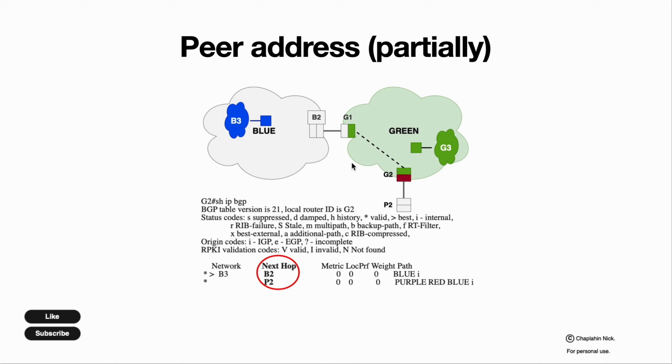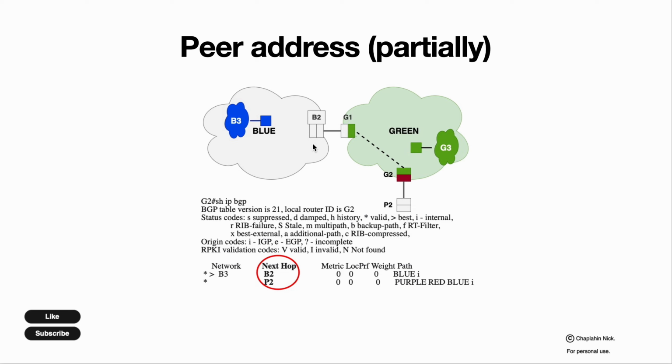Partially. Why partially? Again, as you remember, router ID, speaker ID, BGP ID, whatever, this is the highest IP address that identifies a specific BGP border device.